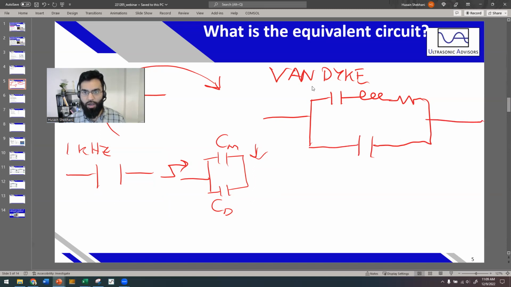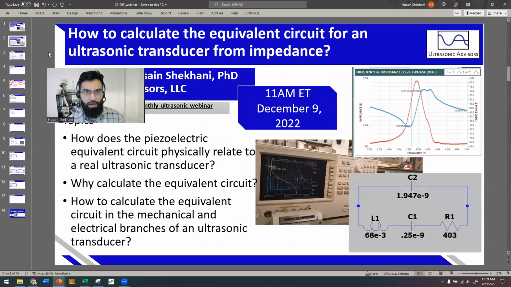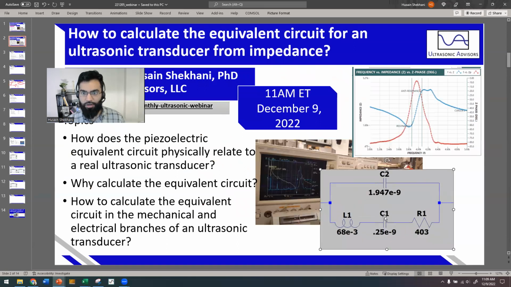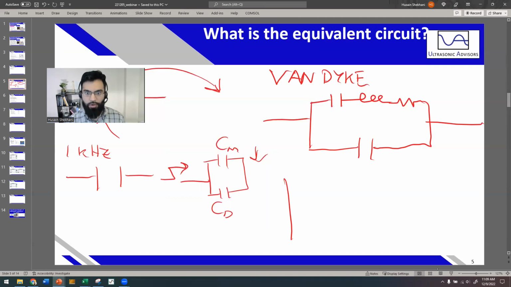In this first slide, I had these components here, right? This is the equivalent circuit, and everything's already calculated for you. But if you had actually simulated this exact circuit in a simulation program, you would get your resonance and anti-resonance. So that's kind of cool that you can use this circuit to get resonance and anti-resonance.